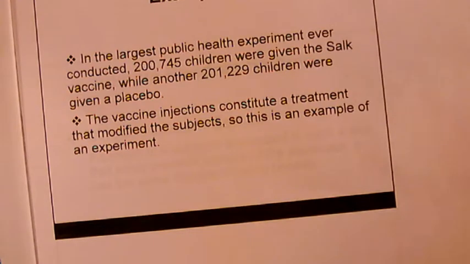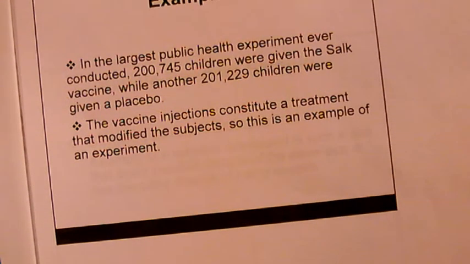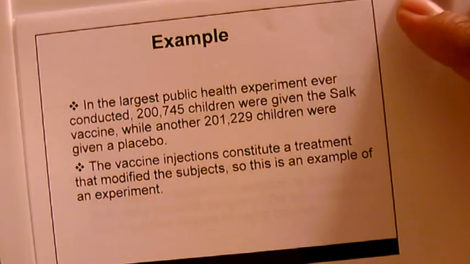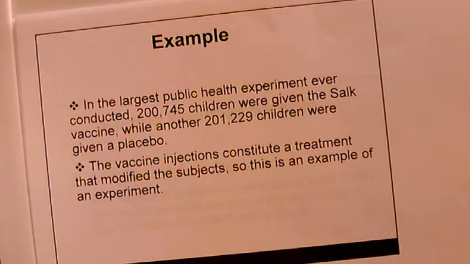And this one is an experiment. In the largest public health experiment ever conducted, 200,745 children were given the Salk vaccine, while another 201,229 children were given a placebo. The vaccine injections constitute a treatment that modified the subject, so this is what we call an experiment. Okay, because a treatment was applied.